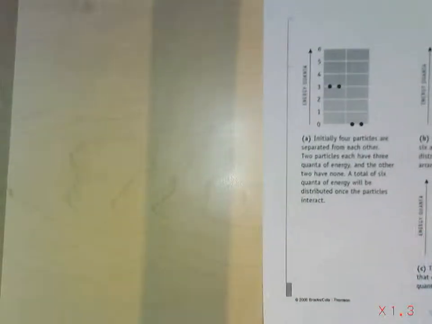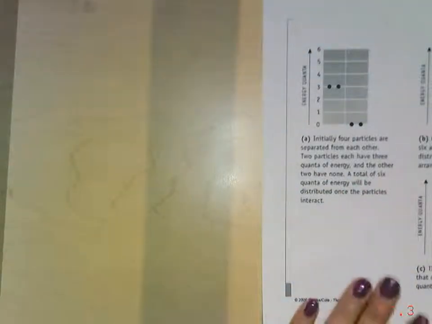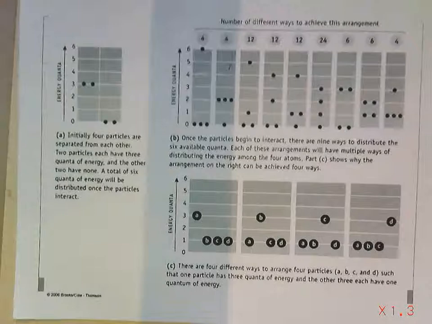So I have 2 particles with 3 packets of energy, quanta of energy, and 2 particles with no energy. I can come up with, I think it's 64 different ways to arrange this, because I have more energy to put more places.